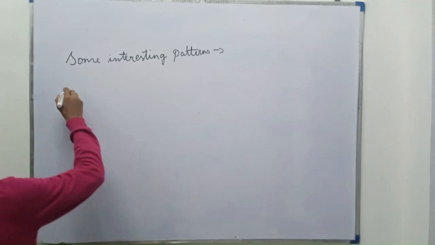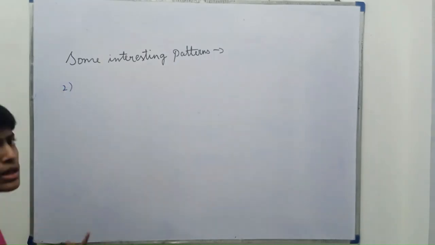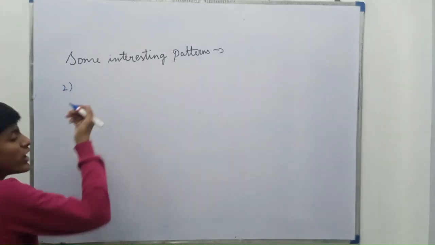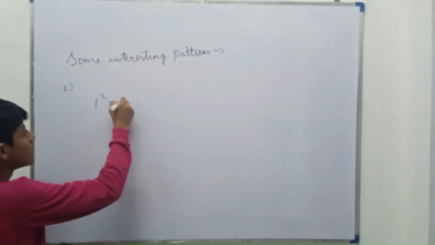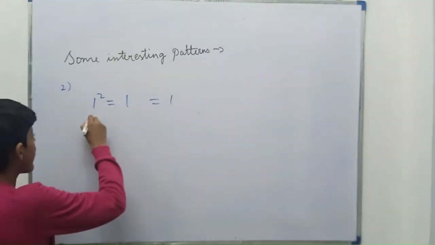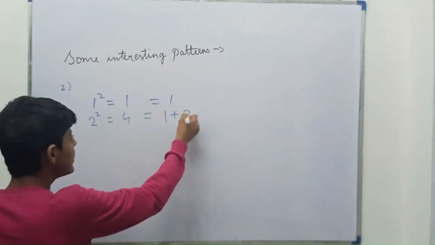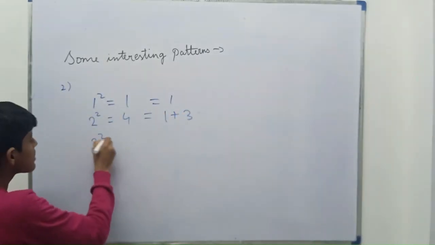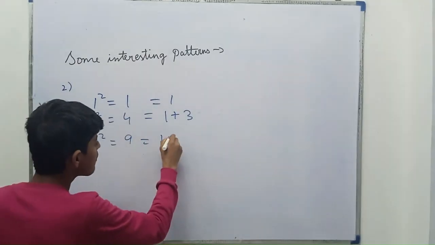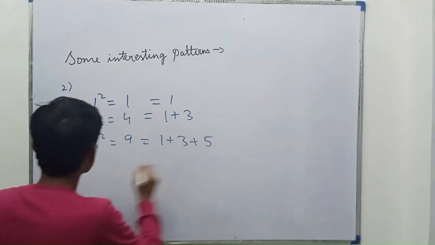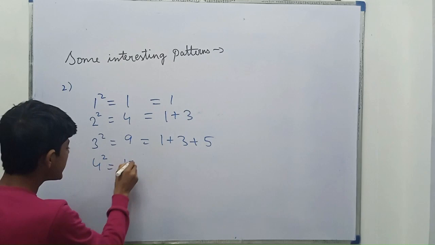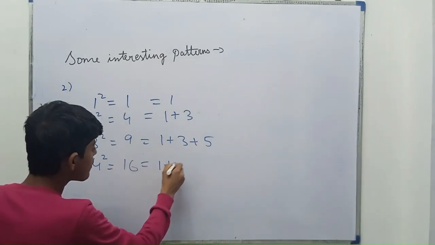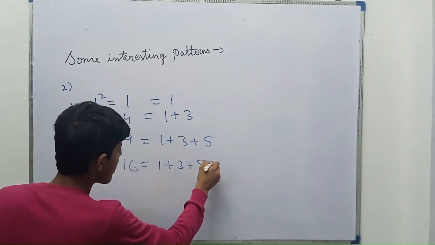It's adding odd numbers. Square of 1 is 1, so we write it as 1. Square of 2 is 4, so we can write it as 1 plus 3. Square of 3 is 9, we can write it as 1 plus 3 plus 5. Square of 4 is 16, we can write it as 1 plus 3 plus 5 plus 7.